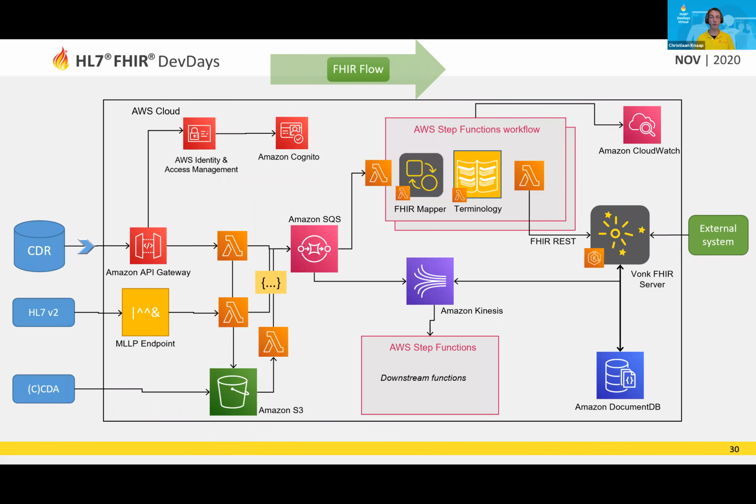So for the CDR, we create an API gateway that will then provide an HTTP endpoint to send, for example, CSV files.